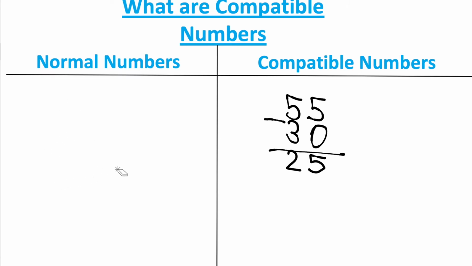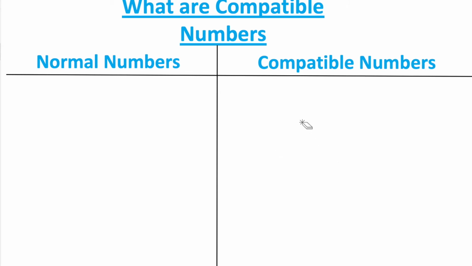And now I'm going to do what if the normal numbers had the 5 at the end, or 0 at the end? So I'll do an addition: 25 plus 30.